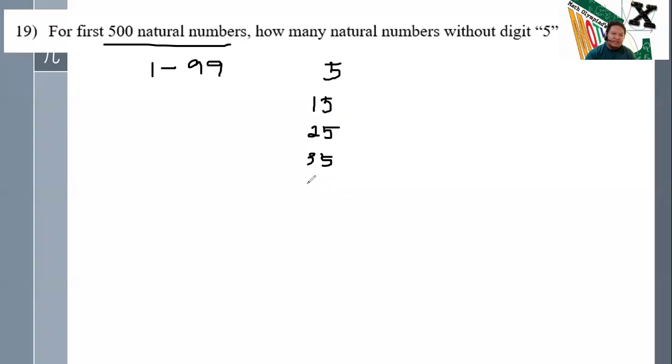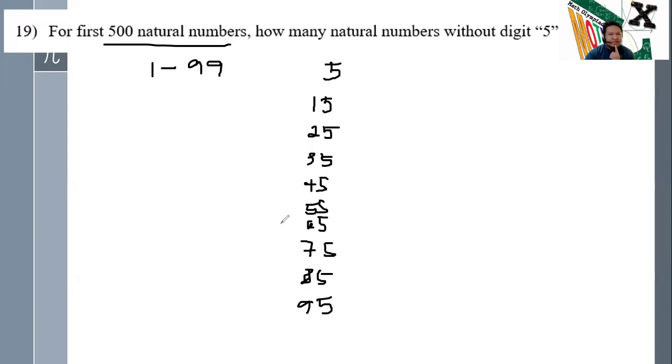I'll write it this way as a technique, so that it will be quite clear. 45, 55, 65, 75, 85, 95. Okay, right, in 1 to 99 only.